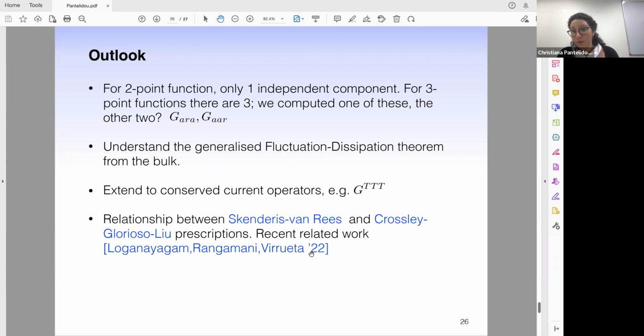There are other contours that people have considered, and the original Skenderis-van Rees paper did consider other contours like the in-out contour, and some people have used it, and some other contours that, yeah, in principle, it can be used.